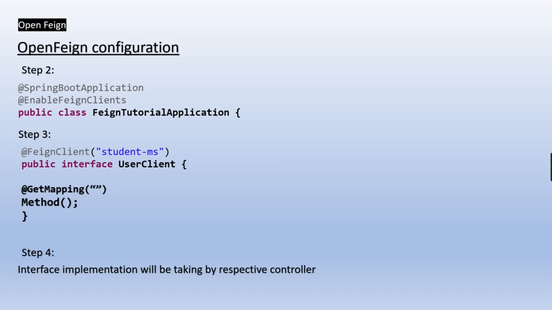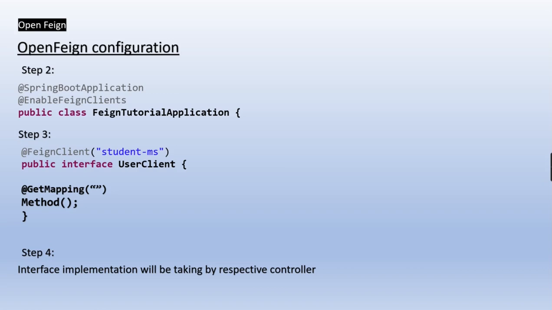And step 3, as we said, OpenFeign is a kind of interface, and we annotate it. So we need to mandatorily define an interface. If it is a student project, a student interface. If it is a user, we have to define a user interface. If it is a university, we need to define a university interface, because this is client-side programming, and this interface is only going to interact with our server-side programming.